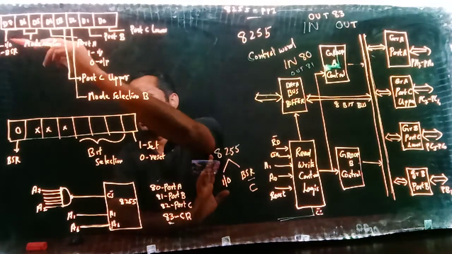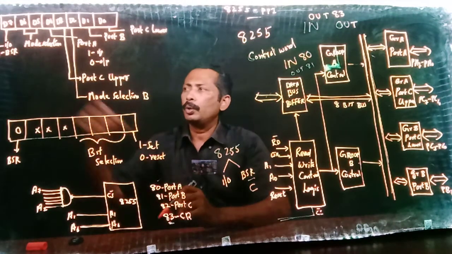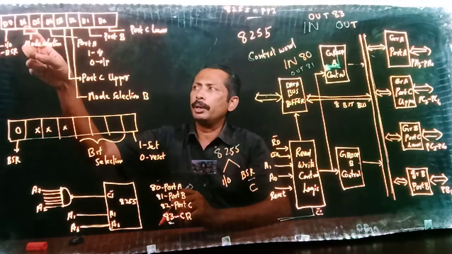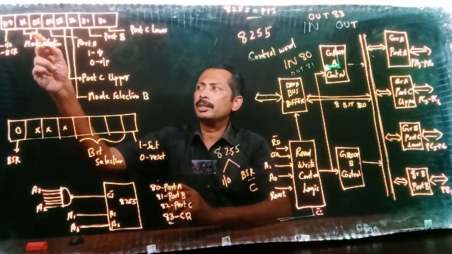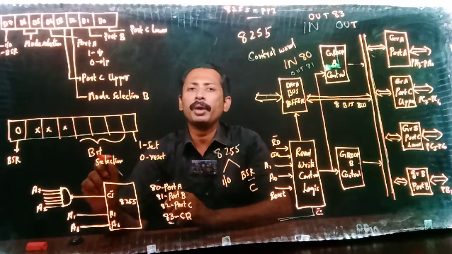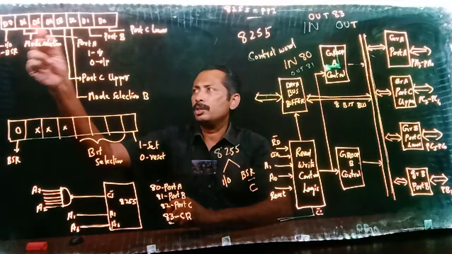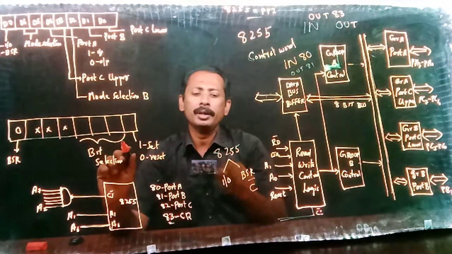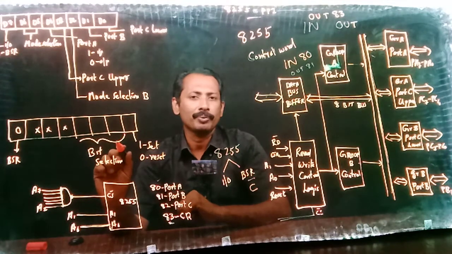So if it is 1, it indicates that it is input output mode. In input output mode, the next two bits D6 and D5 indicate the mode selection of group A. Again in input output mode we have three modes: mode 0, mode 1 and mode 2.